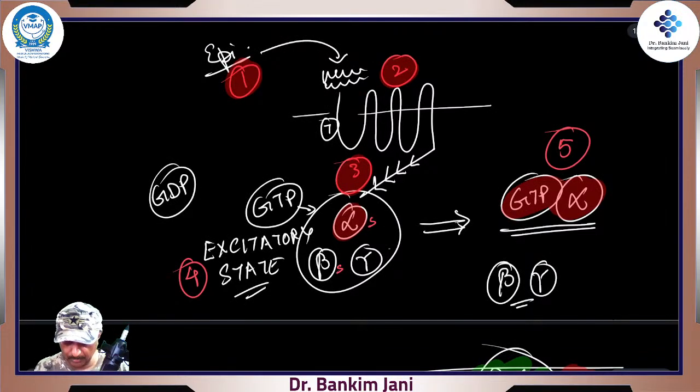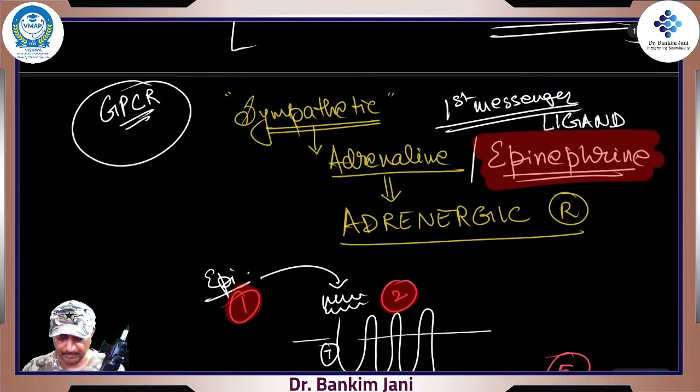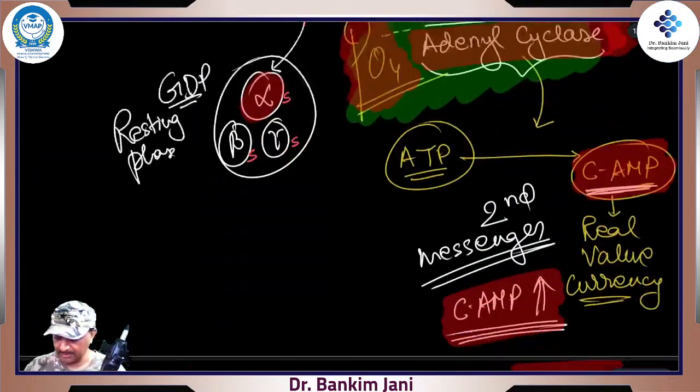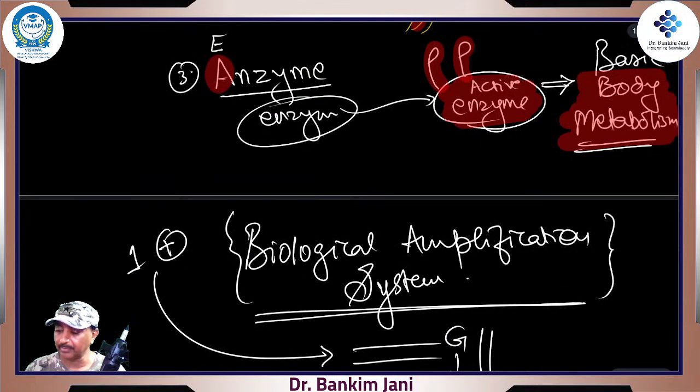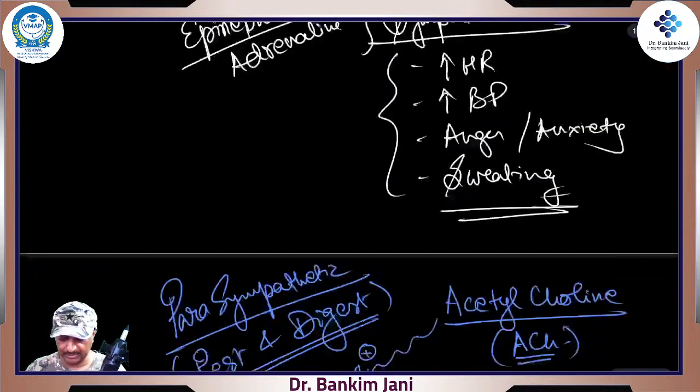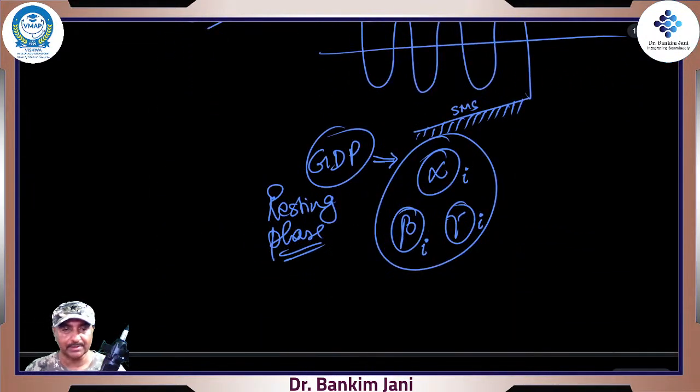They were stimulating or exciting all these tissues or the heart. The basic body metabolism and everything was increased. So over here, this is inhibitory. Now how will it inhibit? The same process is occurring, but the final result would be completely different.